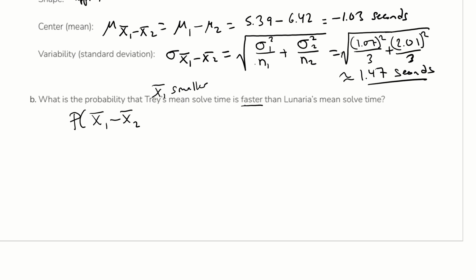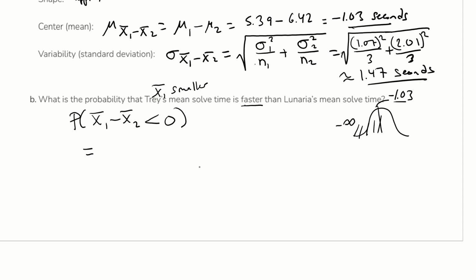So that means this is going to be negative. So x bar 1 minus x bar 2 has to be less than 0. That's what they're looking for. And so in that case we're doing the area to the left, from negative infinity up to 0, where the mean is negative 1.03, because that's what we calculated earlier.